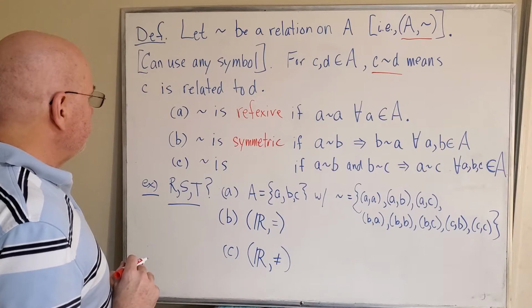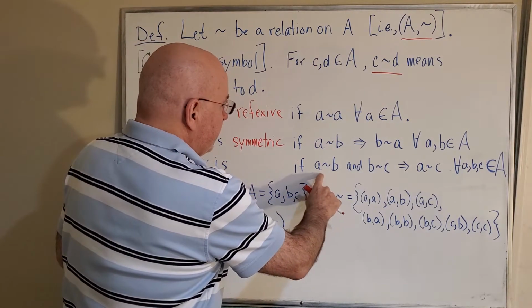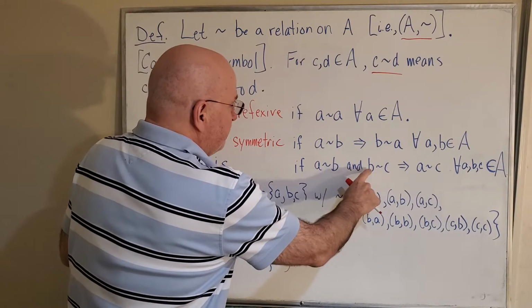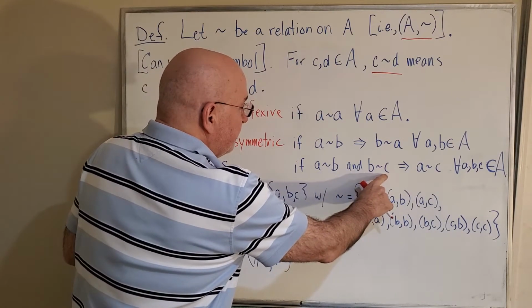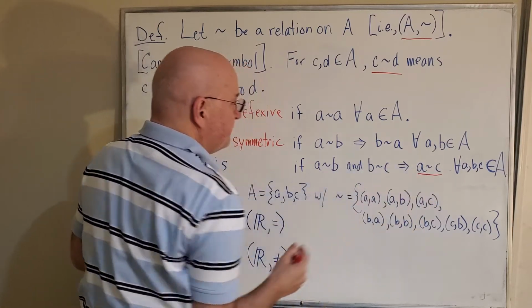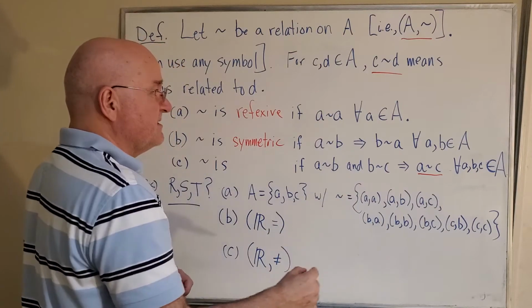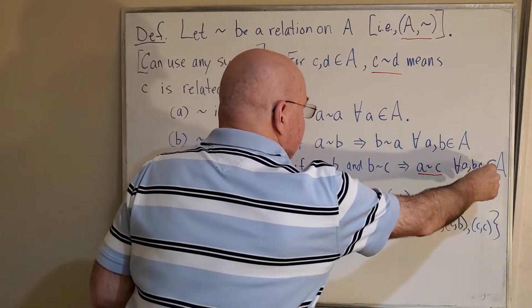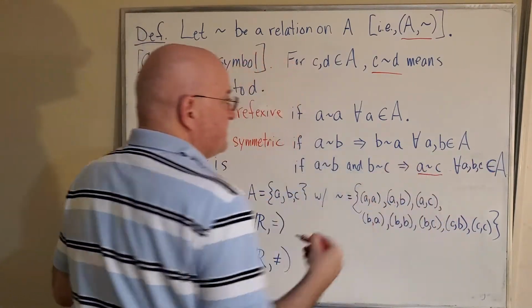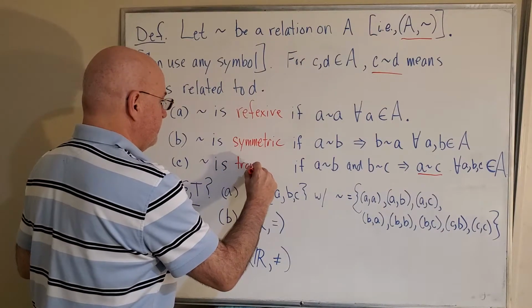And the third one: if A relates to B and B relates to C, implies A relates to C. That's the transitive property. And it has to hold true for all the variables in the set A, for all A, B, and C in A. Last one is transitive.